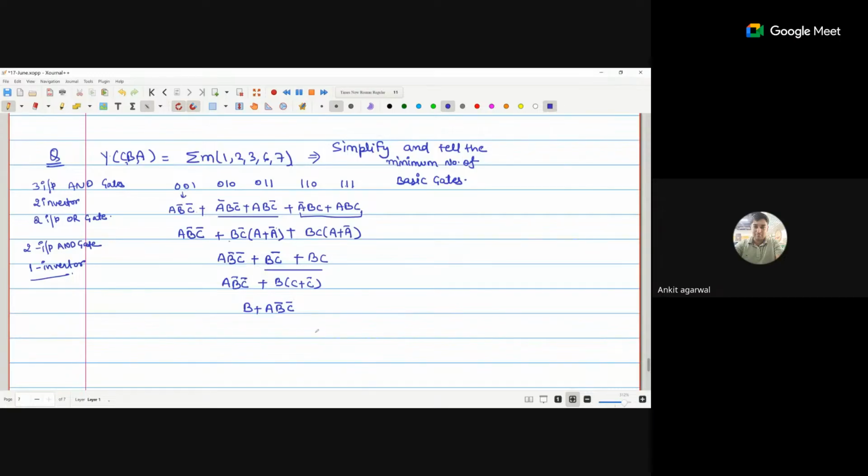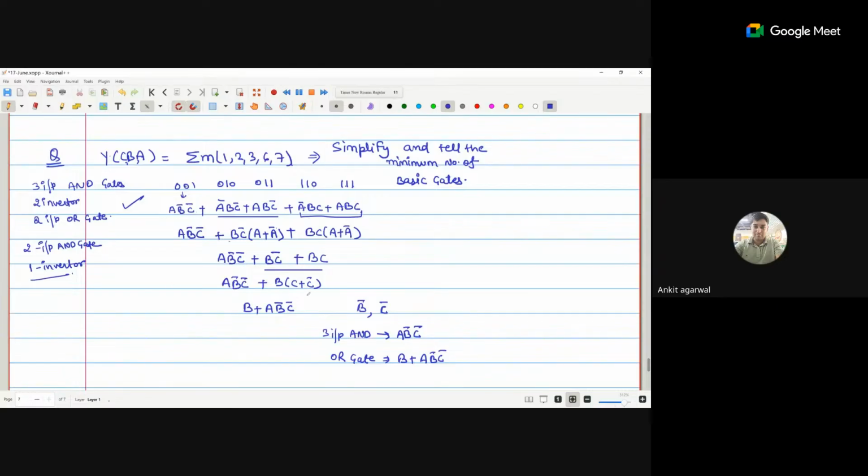So we require one B bar, one C bar. After that we require one 3 input AND gate for A, B bar, C bar, and after that an OR gate for B plus A B bar C bar. So this answer is okay.